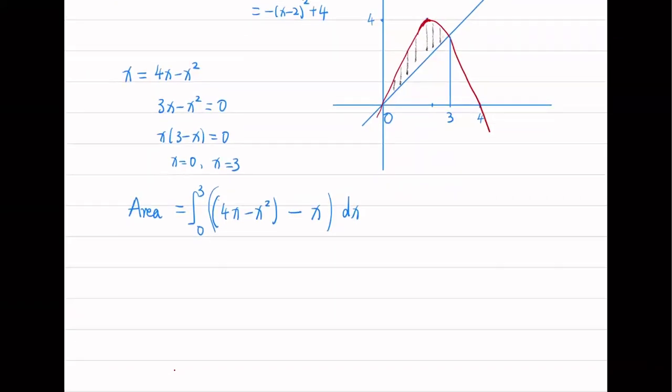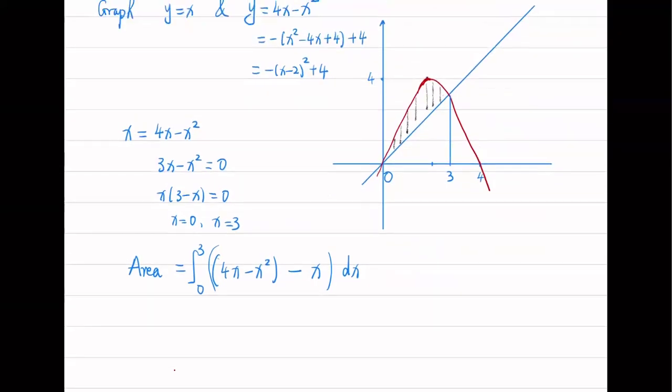Okay, I will give it a few minutes to find this integral. Where do we start? We first simplify the integrand.